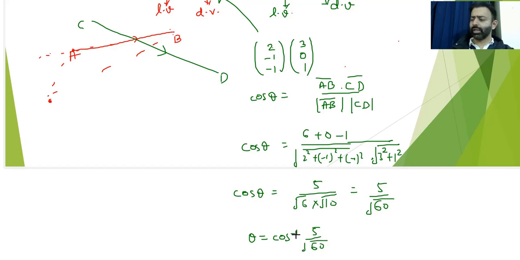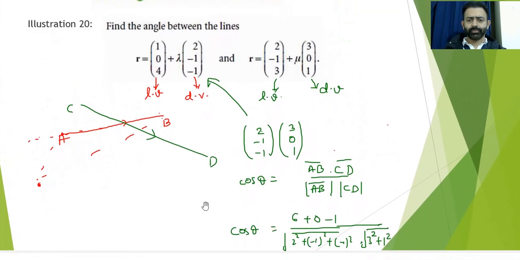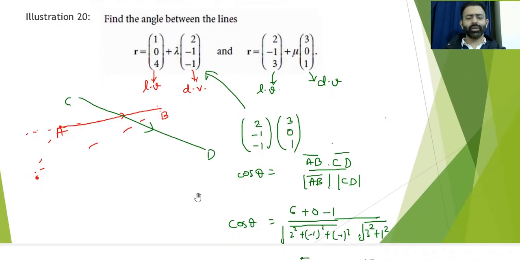If I use my calculator, this will come out to be approximately 25.2 something degrees. Simple. So the angle between two lines is the same as finding the angle between the direction vectors. Let us take another question.